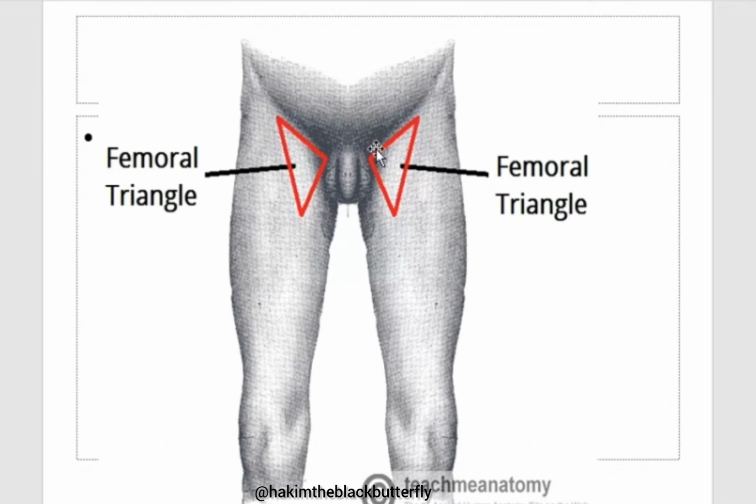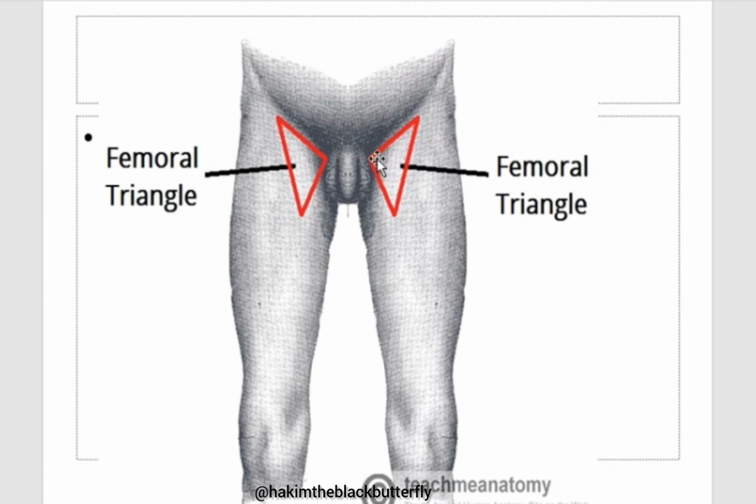This triangular region is clinically important. How? Deep within this triangle, we have the femoral vein, the femoral artery, and the femoral nerve. The femoral vein drains deoxygenated blood from the lower limb, the femoral artery supplies oxygenated blood to the lower limb, and the femoral nerve supplies the muscles of the anterior compartment.